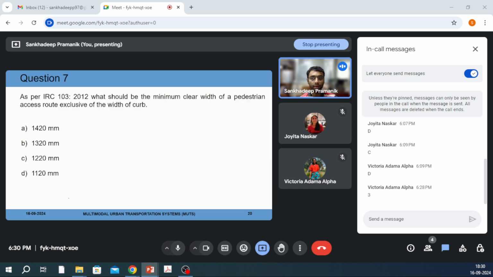Next is, as per IRC 103/2012, what should be the minimum clear width of a pedestrian access route exclusive of the curb?